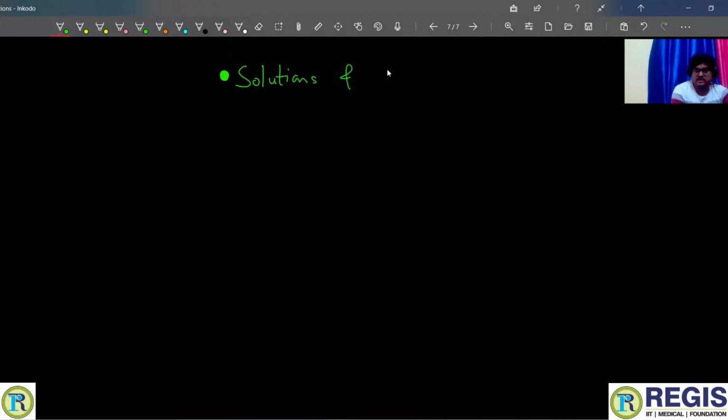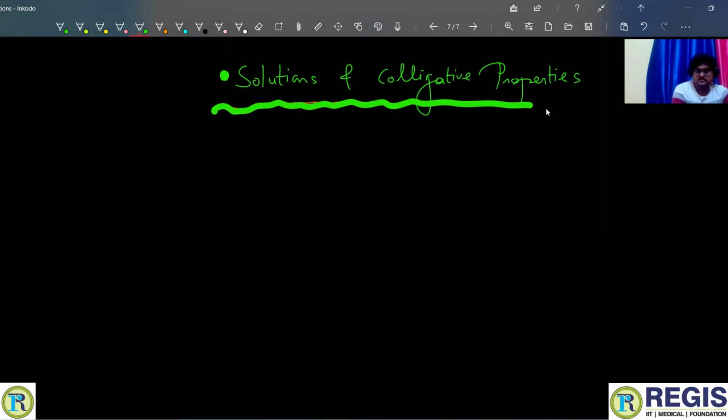Solutions and colligative property. Last class I just completed molarity. Molarity equals number of moles by volume in liter.